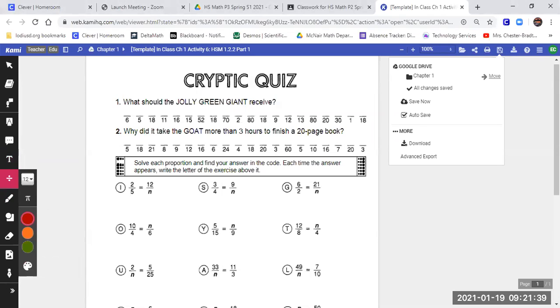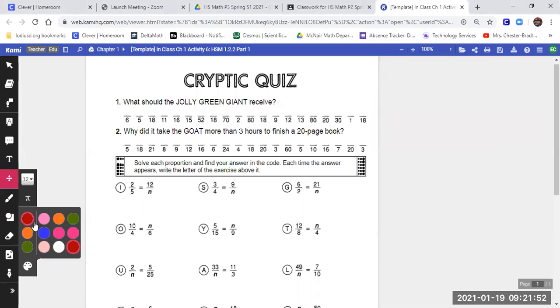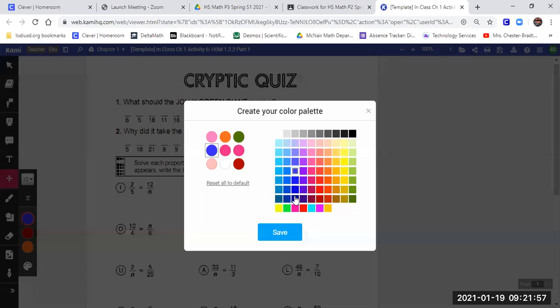What color should my pen be in the equation feature? Either red or blue. That is correct. Thank you. So today I think I'm going to go with blue, the darker blue though, so it shows up more.